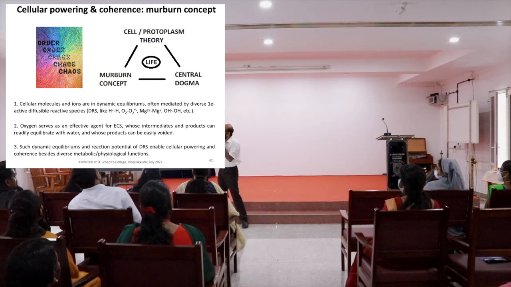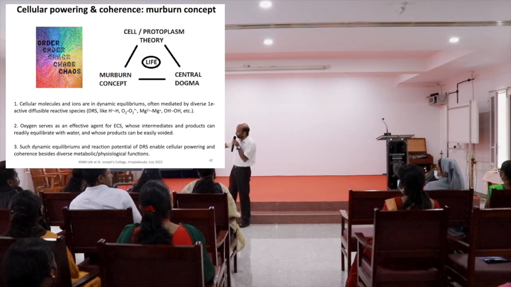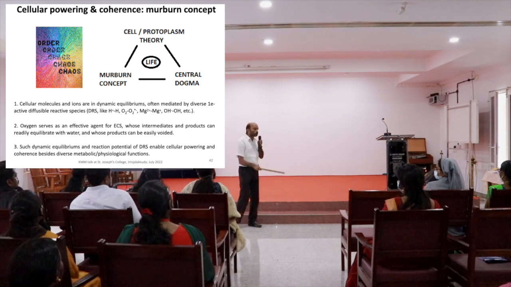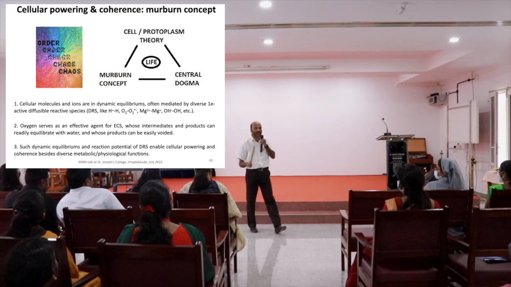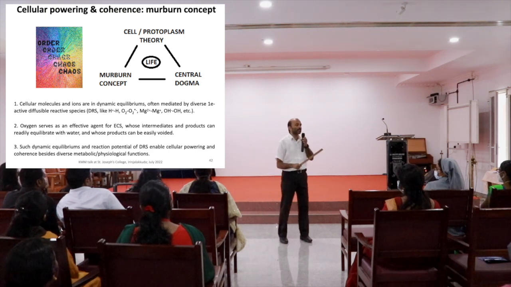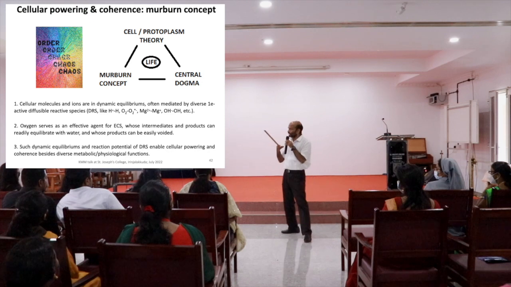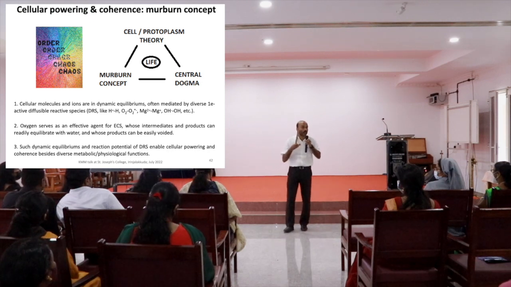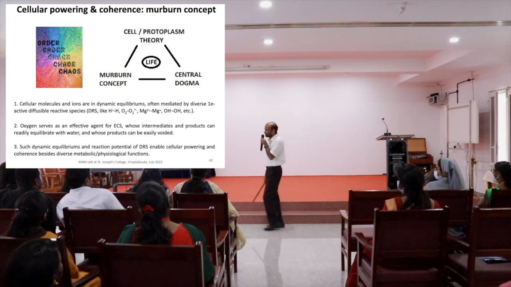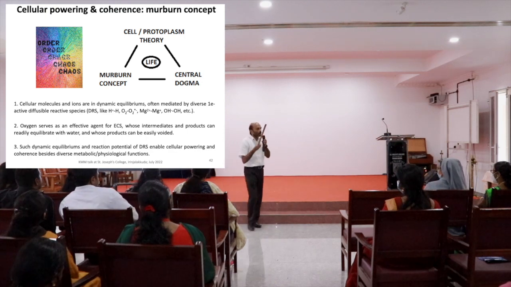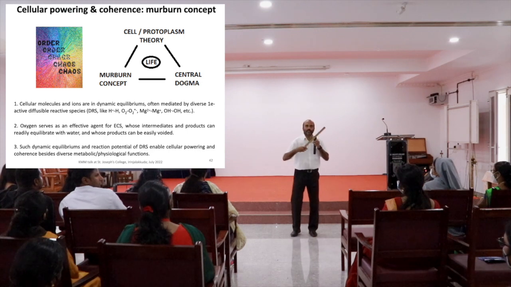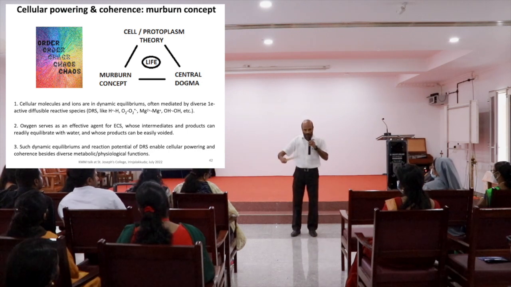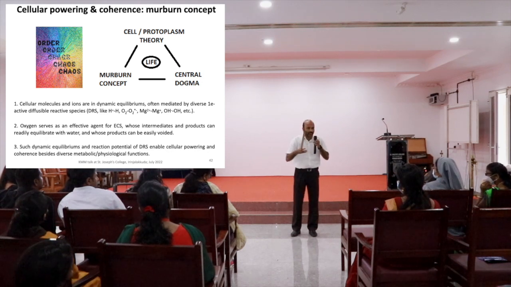So basically, cellular molecules and ions are in dynamic equilibrium, and they use diffusible reactive species, and oxygen serves to generate these diffusible reactive species by the principle of effective charge separation. You need charge separation because that is the way in which electromagnetic force can be harnessed by the cells. So now, oxygen-based theory: why do we have oxygen-based life? Because carbon dioxide can go out quickly, like the vehicle lets go of the gas, no? And then water is the other product.